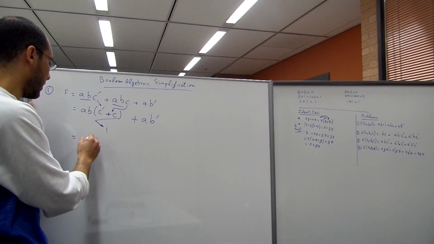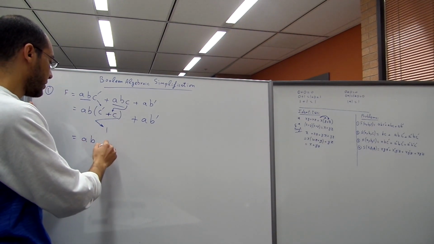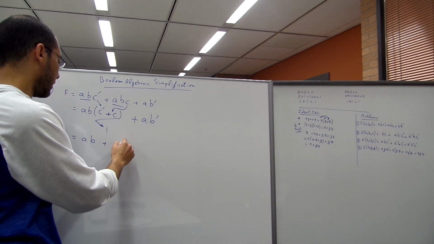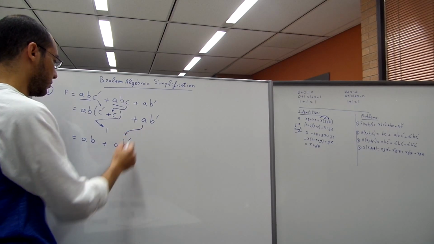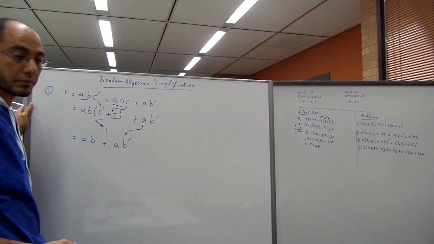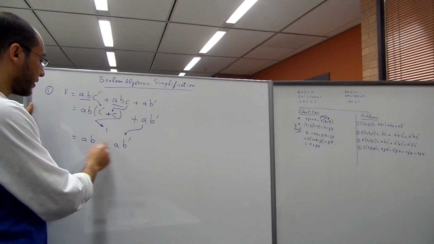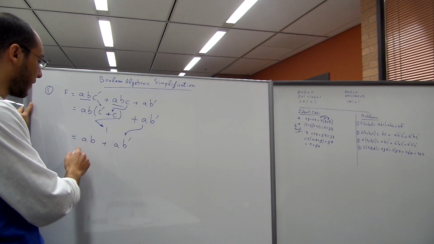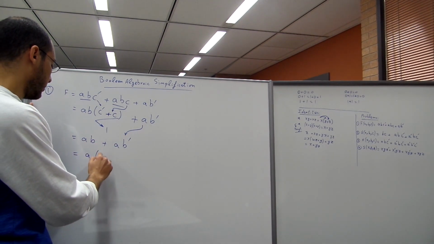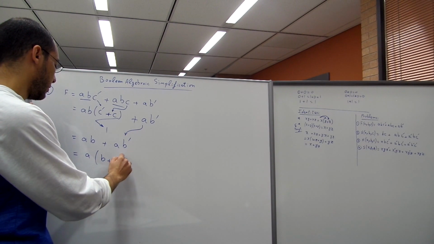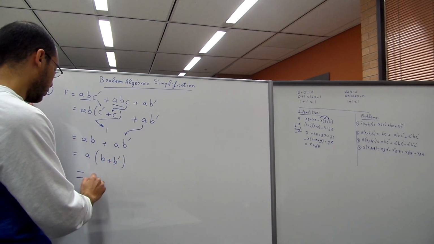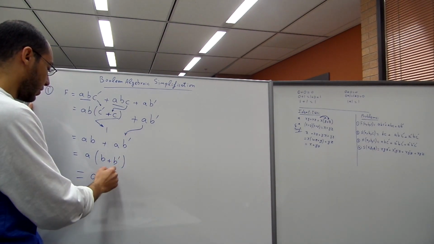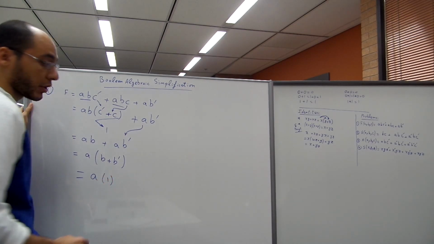So this turns out to be A B plus A B bar. If I factor out the A, B plus B bar, I end up with A, because this is multiplied by 1.